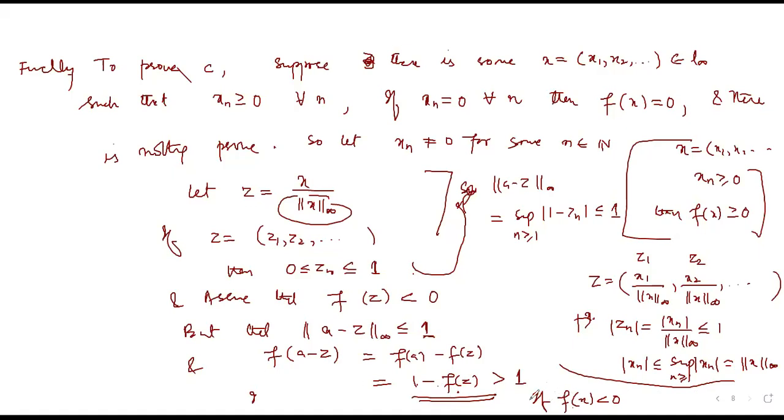So if f of x is negative then f of a minus z is greater than 1, which is a contradiction.